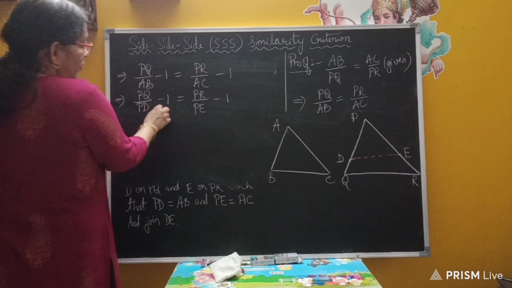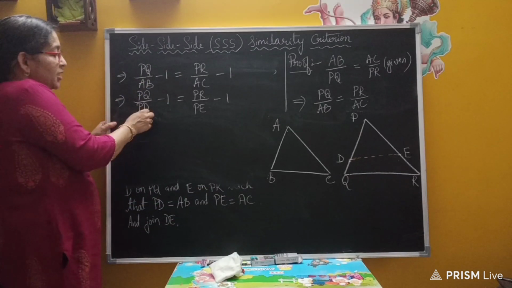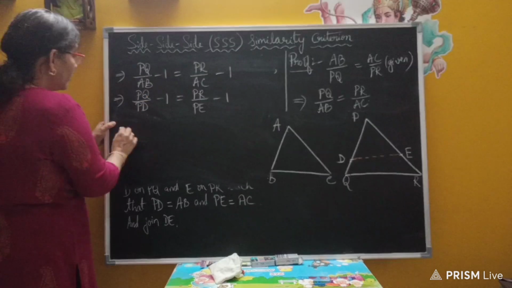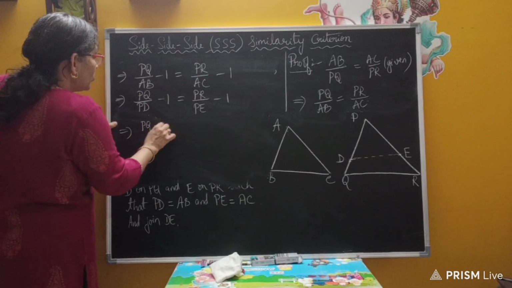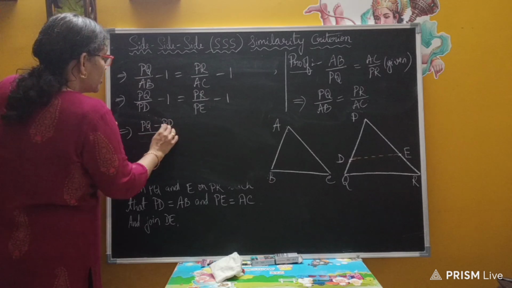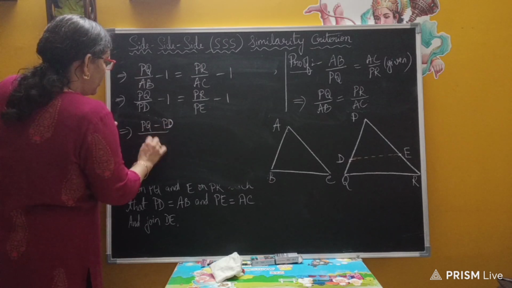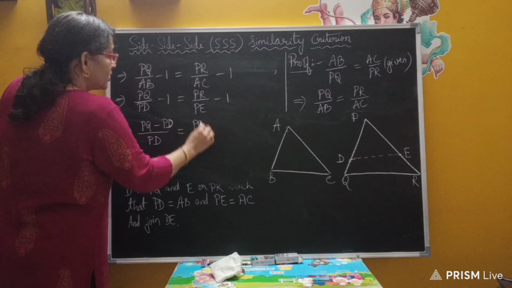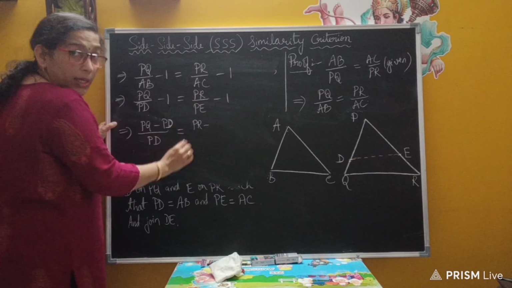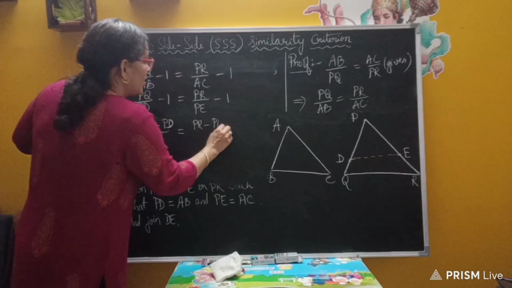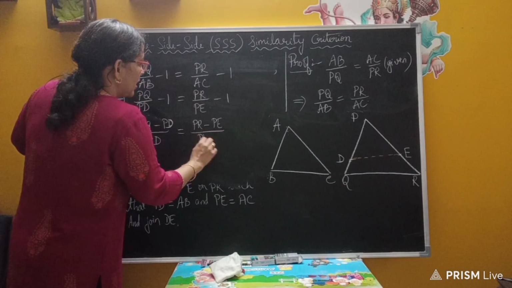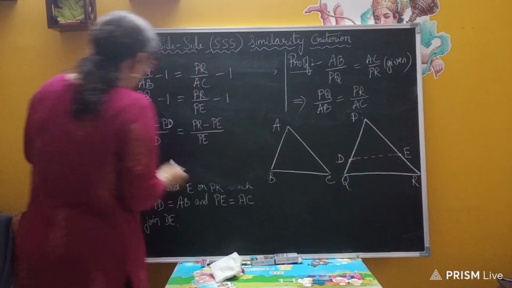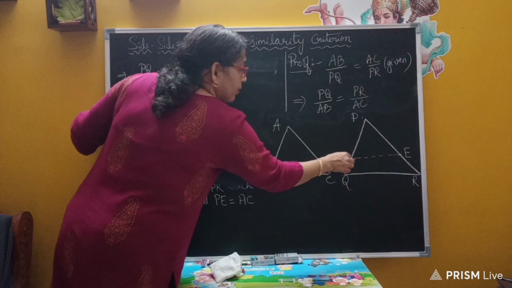Now see here, if you take LCM or common denominator as PD, what do we get? 1 becomes PD by PD. So this implies PQ minus PD by PD is equal to PR minus, here also this 1 becomes PE by PE, so PE by PE. Now see here, PQ minus PD, which part remained?